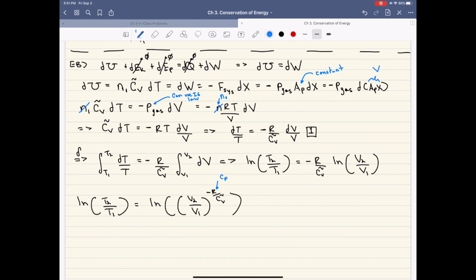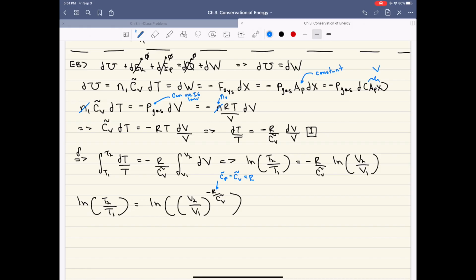And the reason I'm writing it like this is because we know for an ideal gas that Cp, the constant pressure heat capacity for an ideal gas, is just equal to the constant volume heat capacity plus the gas constant R. Or another way of saying it is that the difference between the constant pressure heat capacity and the constant volume heat capacity is that gas constant. Okay?